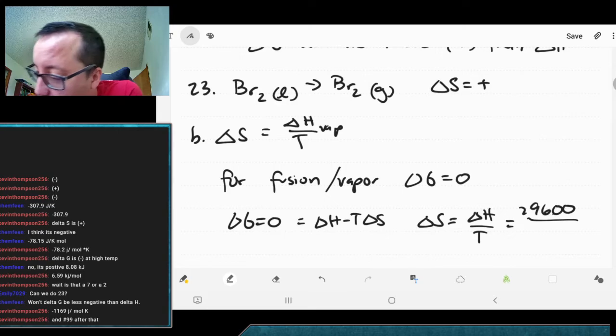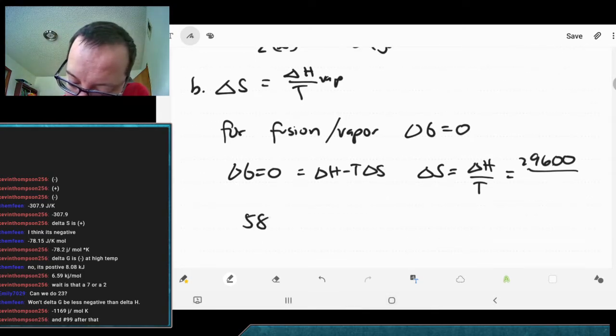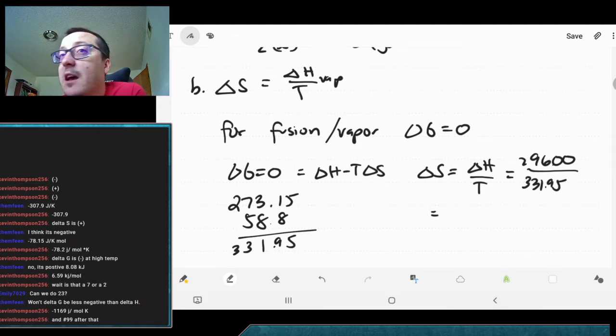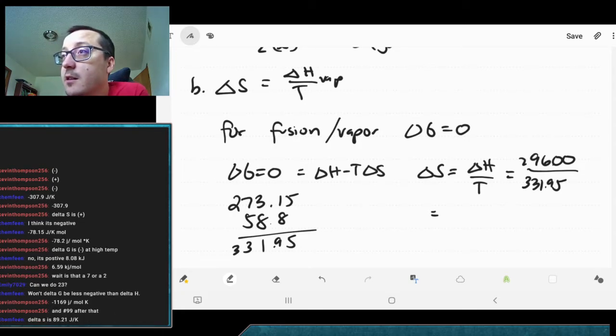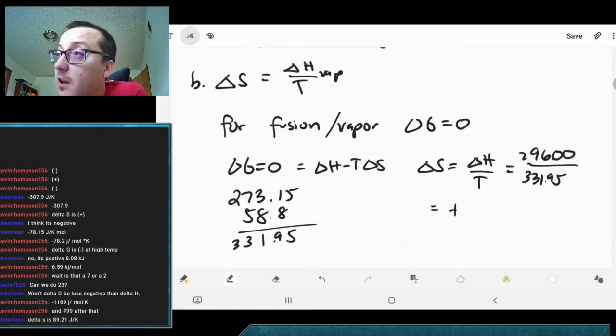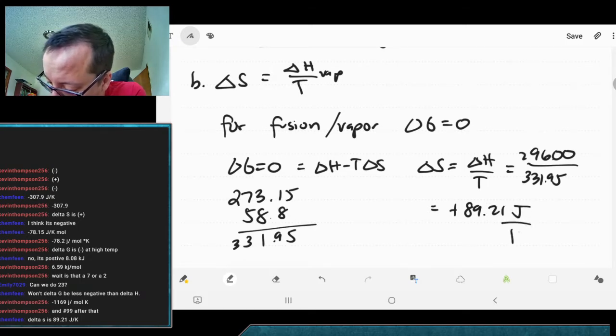And then the temperature is 58.8, so we have to convert that to Kelvin. Hopefully we have an answer here, because I don't want to do the math. Awesome. So we do indeed get a positive number, which is always a good idea. So we end up with 89.21. Awesome.